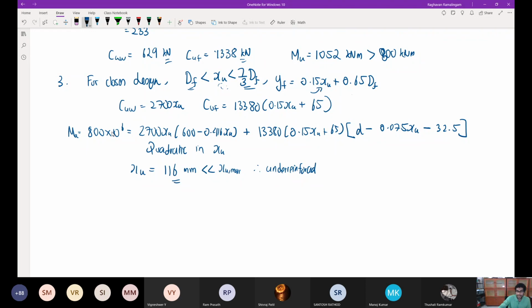You just substitute it back into this. So YF equals 0.15 times 116 plus 65. So how much is this? 82.4. 82.43.